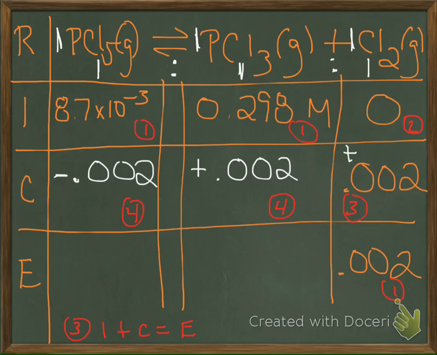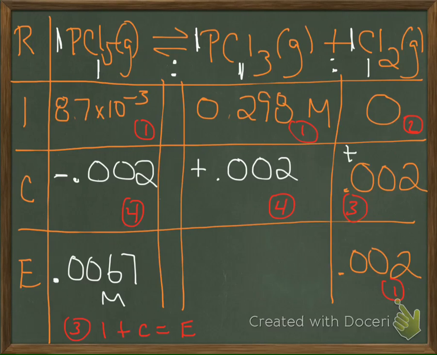Okay, so again, now that we have these boxes filled in, we can figure out our E, because we said I plus C equals E. So let's do that. So down below, I know that if I plug this into a calculator, 8.7 plus negative 0.002 gives me a certain value, and that value is going to be 0.29867 molar.